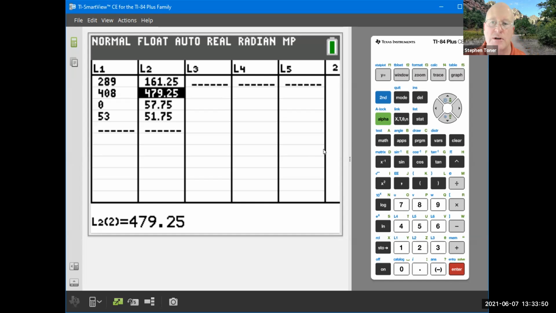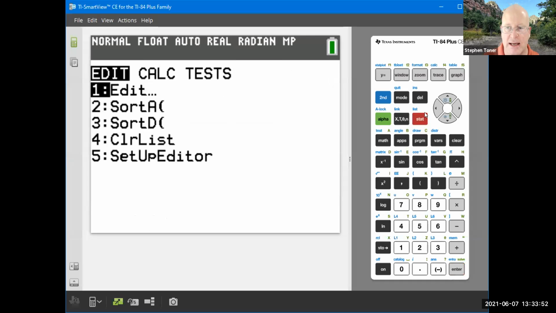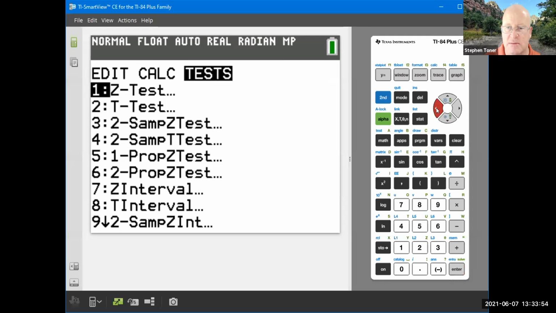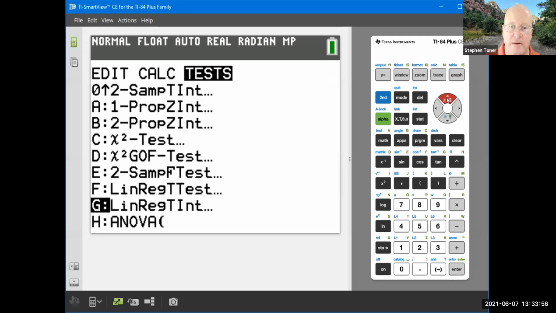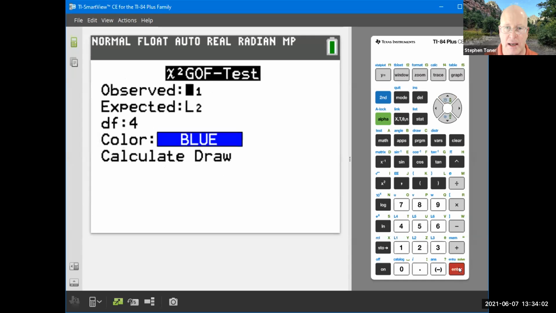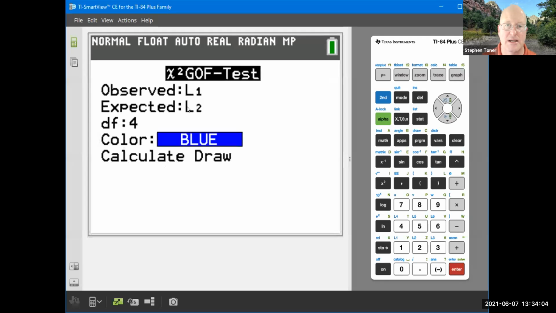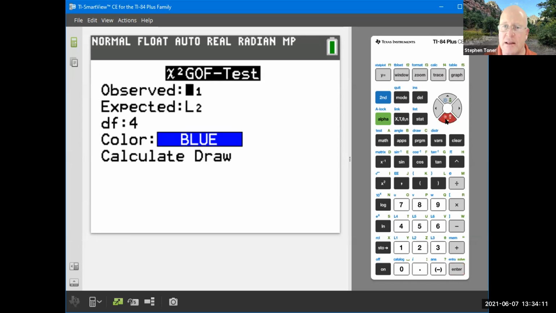Now, to do the goodness of fit test, we're going to hit stat, go over to our test menu, and scroll up from the bottom, and notice there's my chi-square goodness of fit test. I'm going to have to tell my calculator which list contains my observed values and which one contains the expected values. And then the place where we make the mistakes is right here with the degrees of freedom.